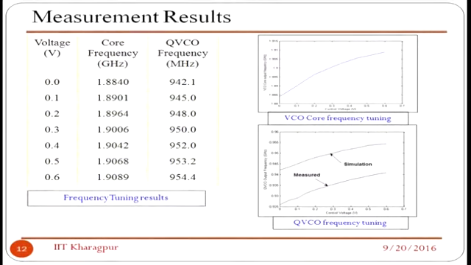Because of the parasitic capacitors that come in parallel to that C fixed, and that cannot be modeled. That is the inaccuracy of your capacitance model. Unfortunately, that will add to it. So what will happen if C fixed is added with a delta C? That will reduce the frequency a bit. So don't get frustrated. That means your circuit is operating.